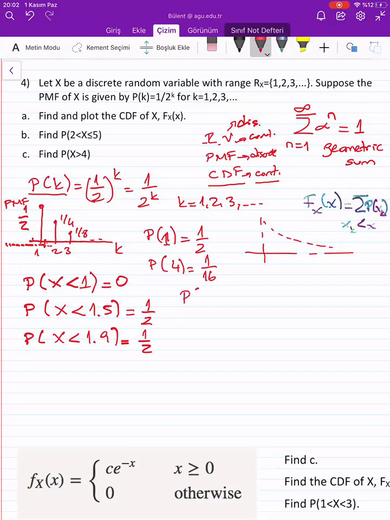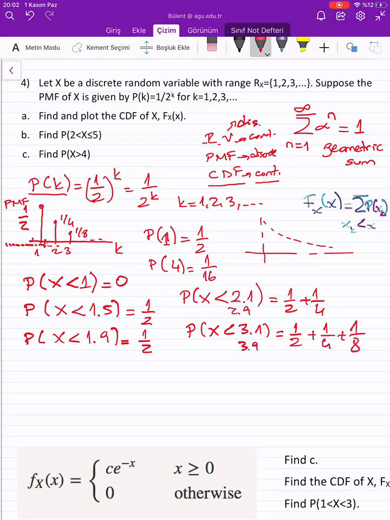So if I go to P(X less than 2.1), now I am somewhere here, so I should add 1 over 2 plus 1 over 4. And when I go to X less than 3.1, for example, or 3.9 or 2.9 here, I should have 1 over 2 plus 1 over 4 plus 1 over 8, right?